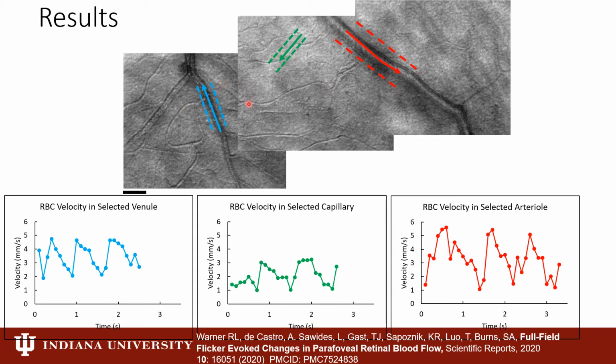And this was so we could ask ultimately, not for this talk, but whether these all change your blood flow in lockstep. So these are the type of measurements we get, with velocities obviously showing the lowest values in capillaries, slightly higher in venules and arterioles.